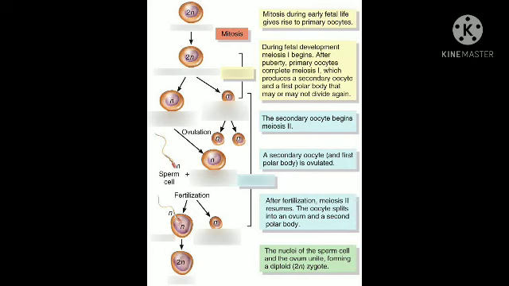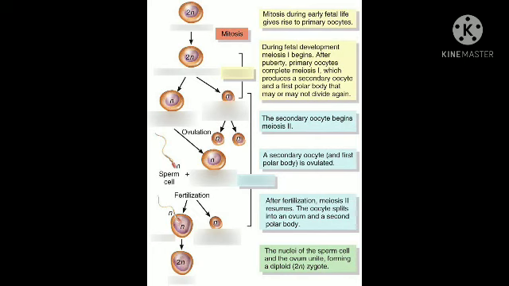You may definitely get a question: name the stage at which ova arrest during fetal development up to the onset of puberty. That stage is known as meiosis 1. After puberty, the primary oocyte completes meiosis 1 and produces the secondary oocyte and the first polar body.